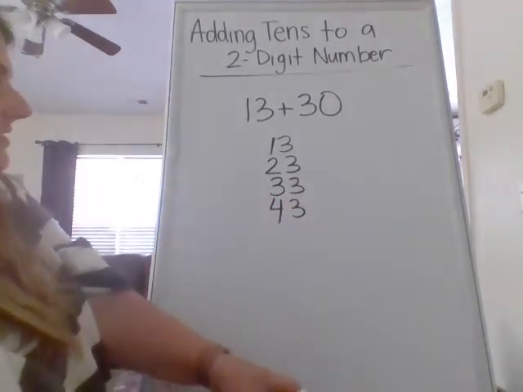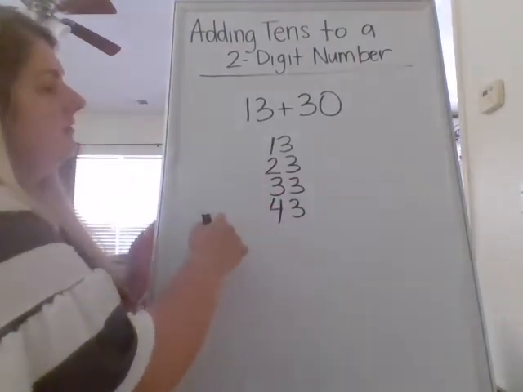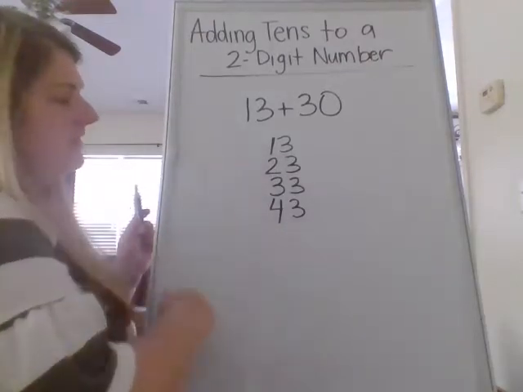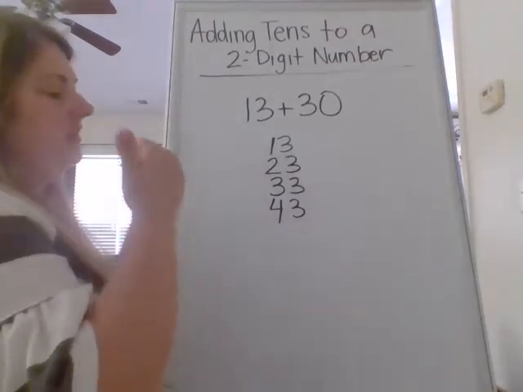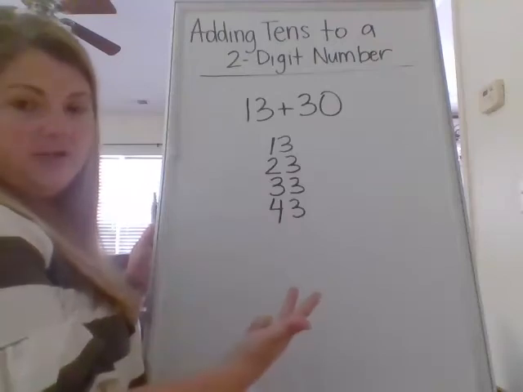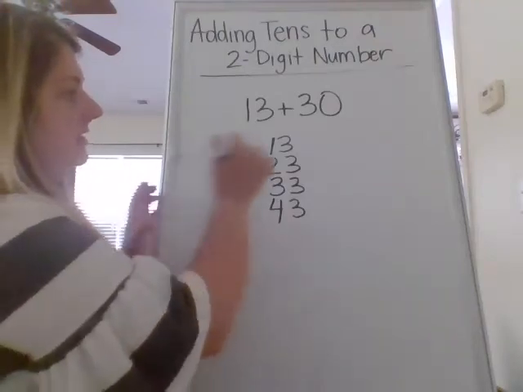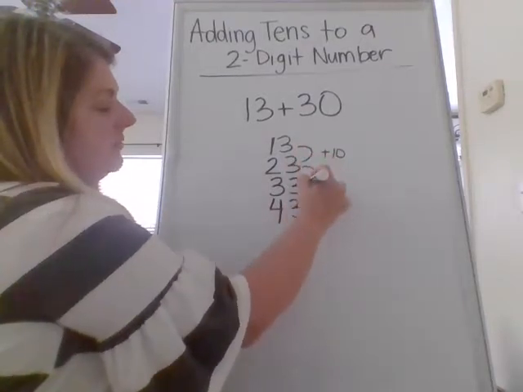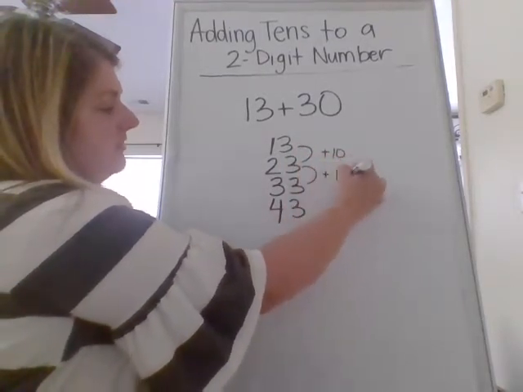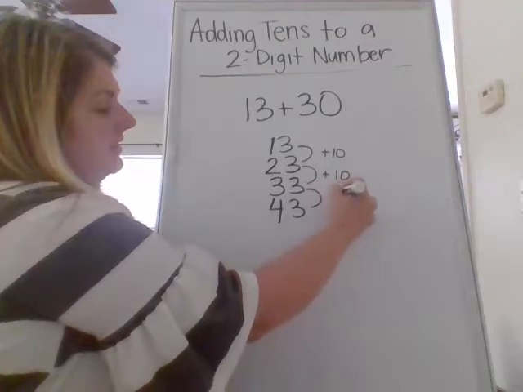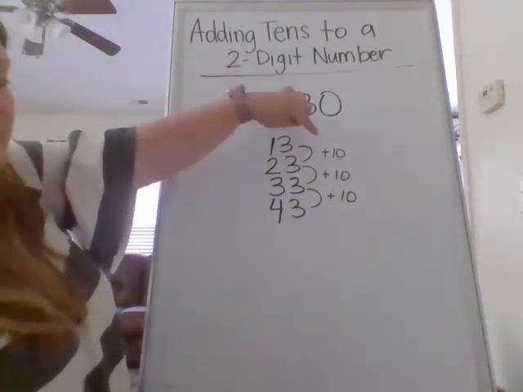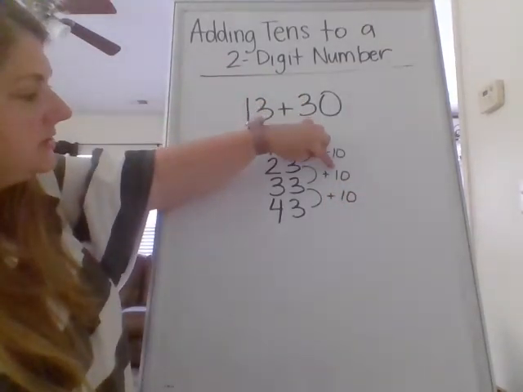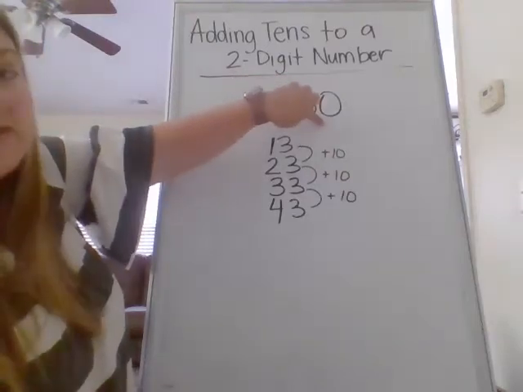Now let's look at those numbers that we added. We said 13, 23, 33, 43. I added 10 3 times. From 13 to 23, I added a 10. 23 plus 10 is 33. 33 plus 10 is 43. How many 10s did I add? 1, 2, 3. 3 10s is 30.